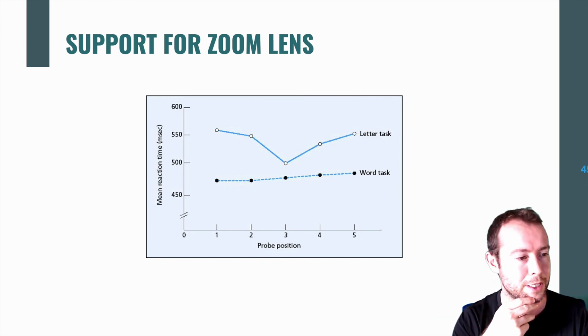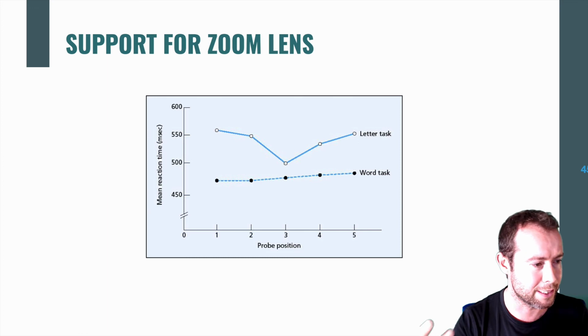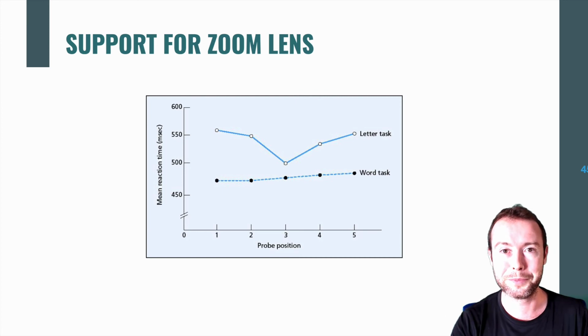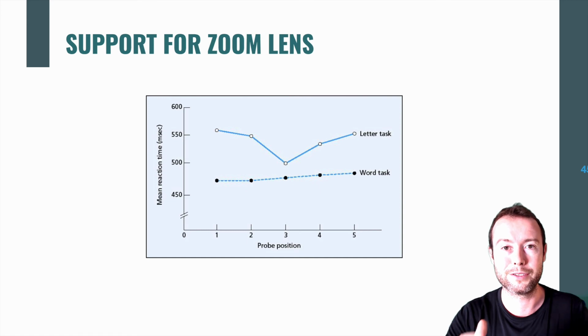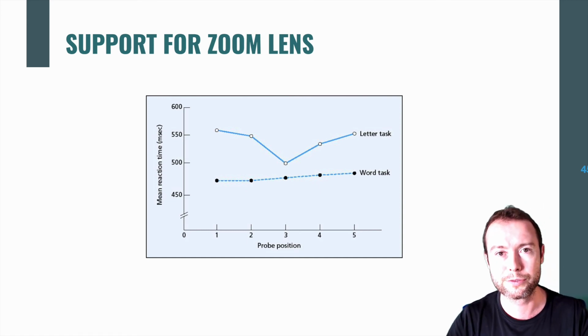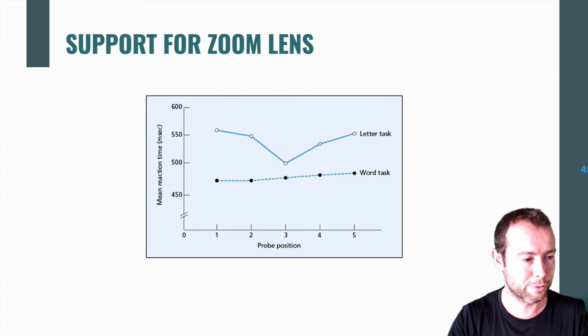The thing that's interesting is in the continuous blue line is that participants were much faster responding when it appeared in that middle location, so where they might have narrowed down their attention that they were focusing, whereas they were much slower to respond when it appeared outside of that, so when it appeared as the first or the fifth letter.